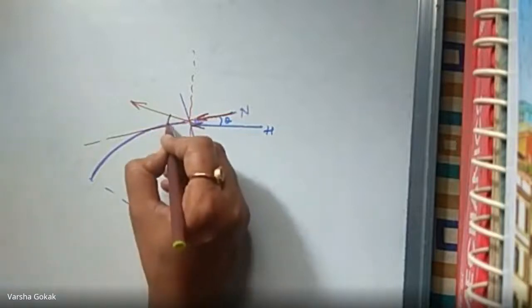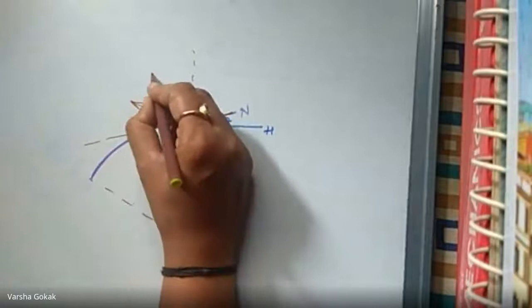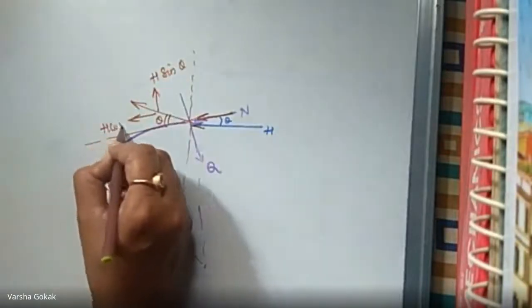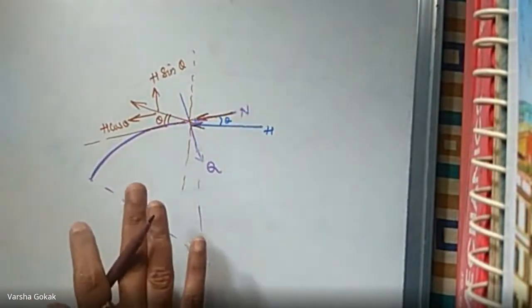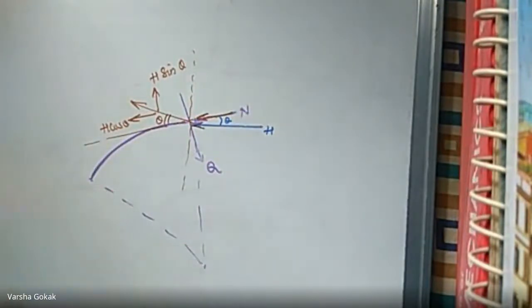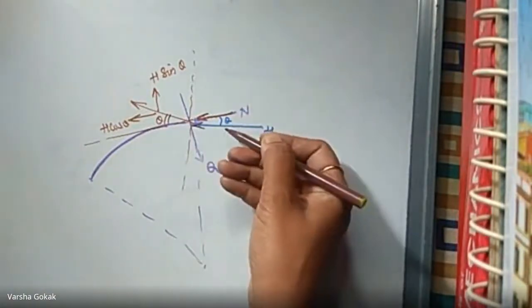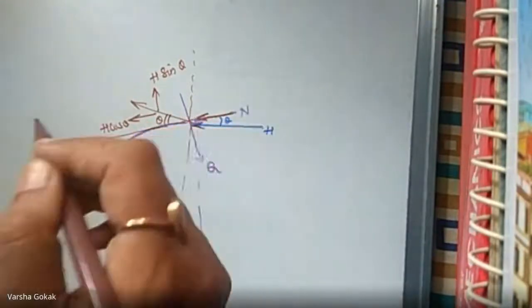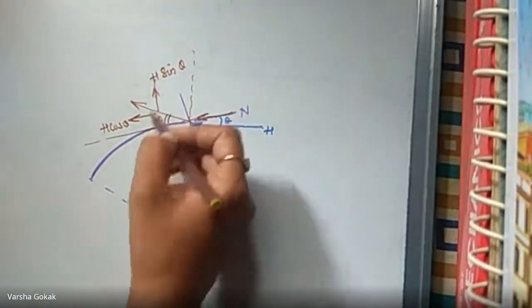This becomes theta, and when I resolve this force, this is going to be H sine theta, and this is going to become H cos theta. Believe me, you will not require this. I'm just telling you how this is coming into picture. So the H force, the horizontal force coming in the curved beam, that is your arches, is going to be resolved in this manner.